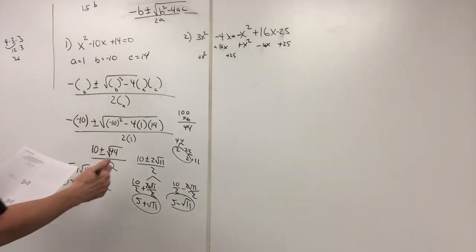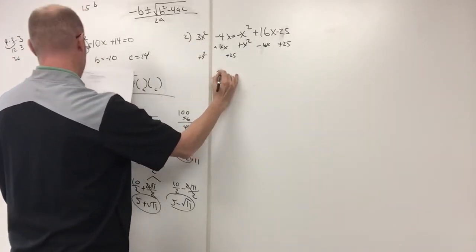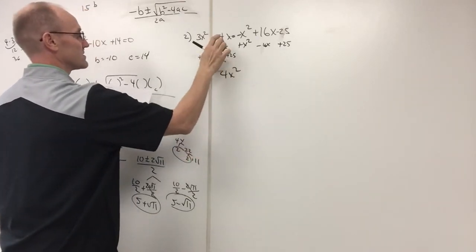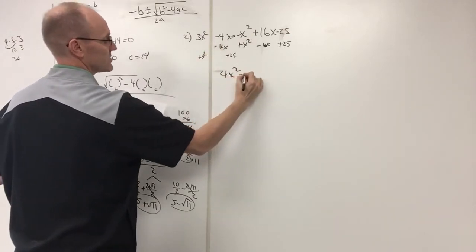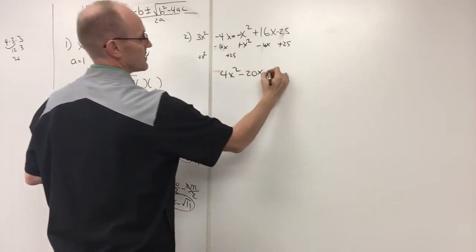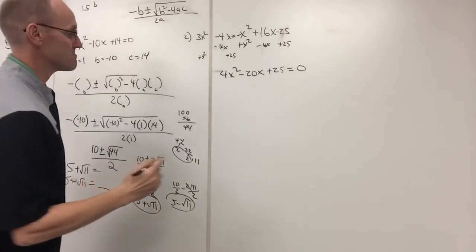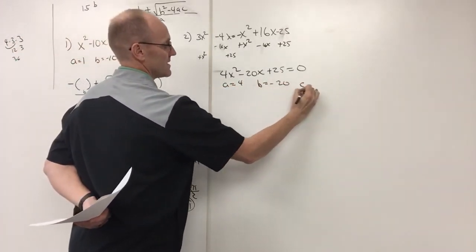So what I end up getting here is 4x squared, negative 4, and I'm adding a negative 16 both sides, so negative 20x. And then I've got my plus 25 equals 0. So A is 4, B is negative 20, and C is 25.